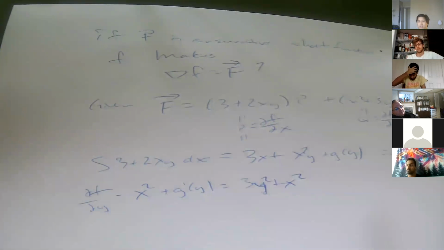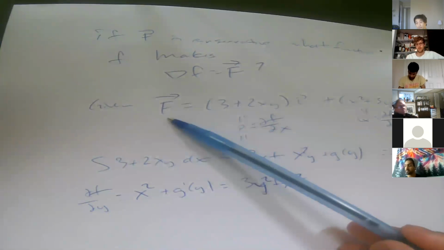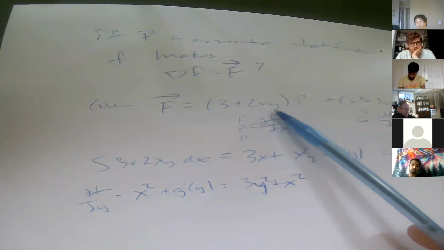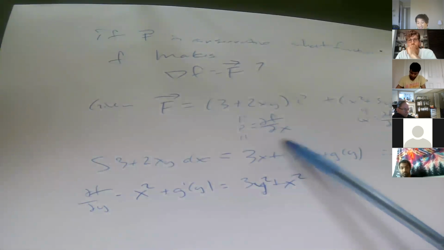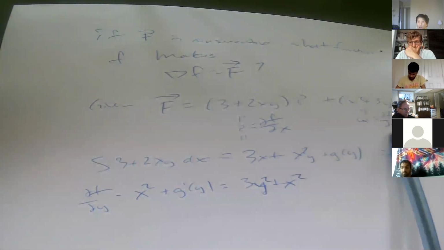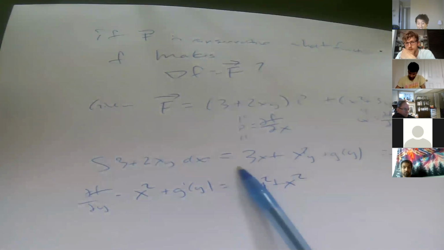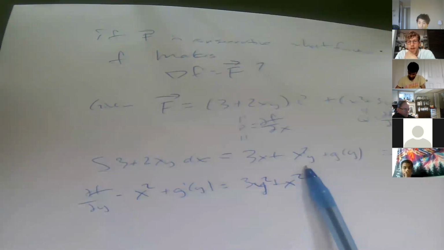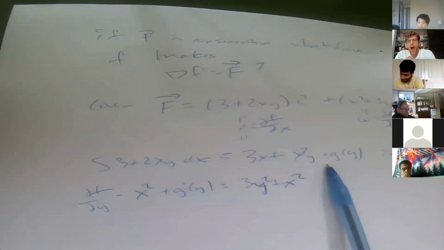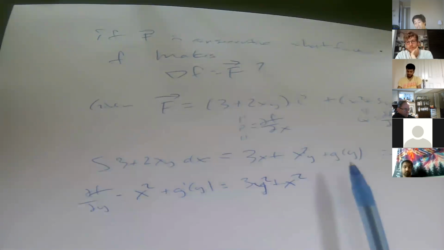So let's start from the beginning. If this is F, we know that P is the derivative of F with respect to x, and Q is the derivative of F with respect to y, whatever F is, right? So I found one possibility for F. I know F looks like this. I integrated P with respect to x, and it looks like this.